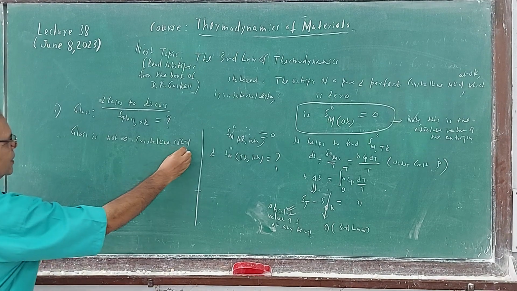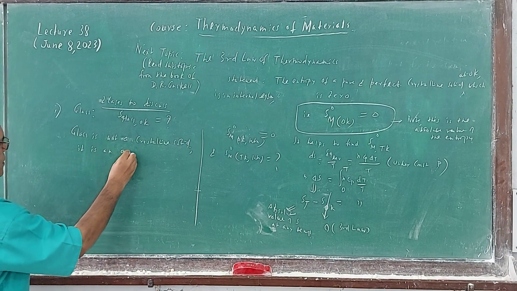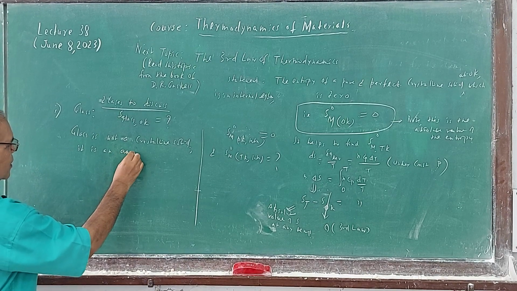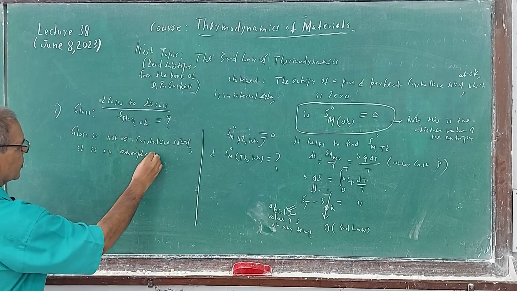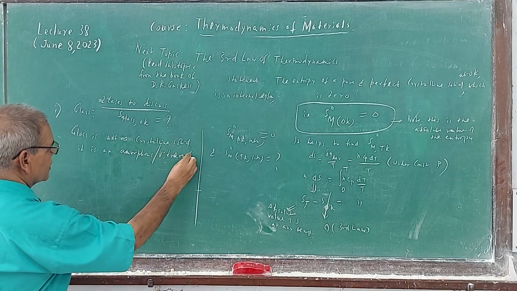It is called amorphous, or sometimes vitreous material.